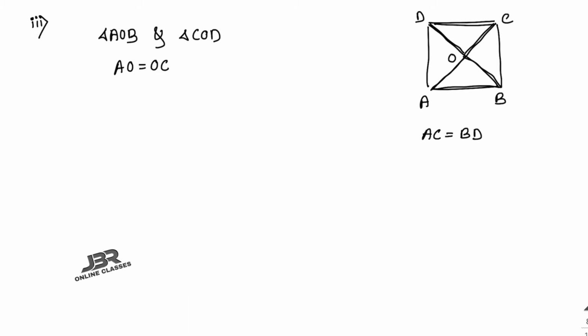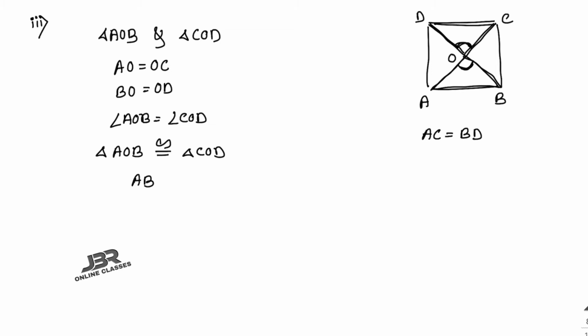So definitely AO equals OC, and you can also write BO is equal to OD, and angle AOB is equal to angle COD because vertically opposite angles. So you can write these two triangles AOB and COD are congruent. So AB is equal to CD by CPCT.